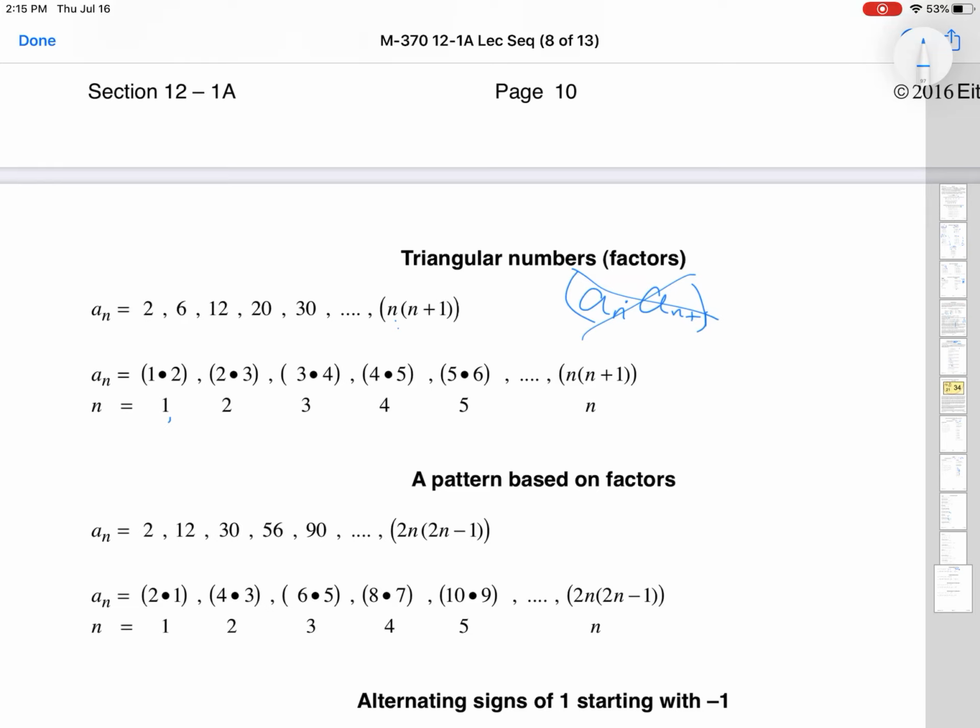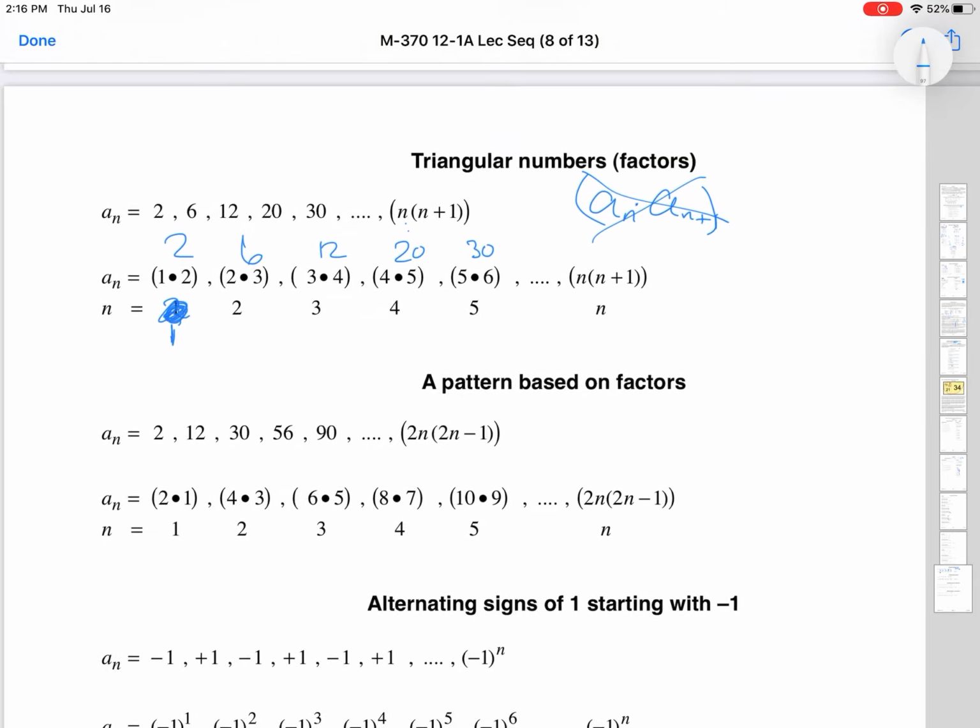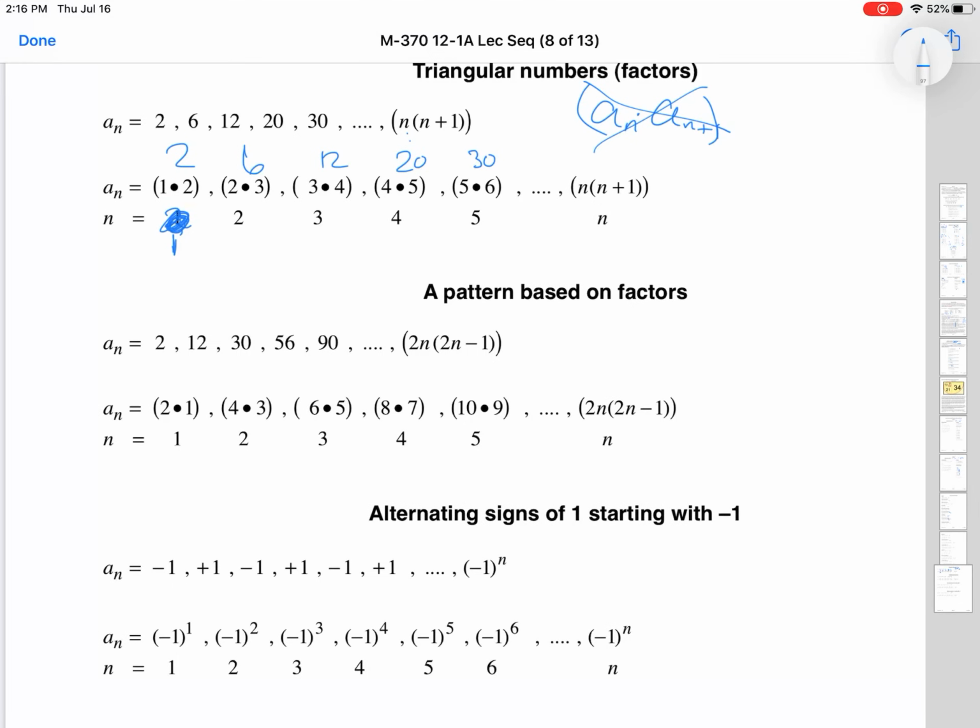So 1 times 2 is 2. Oh, apologize, I see what the n's are here at the bottom. So 1 times 2 is 2. 2 times 3 is 6. 3 times 4 is 12, right? 4 times 5 is 20. So this is the fifth term. So we're going to take the number 5 times the number 6, and that is going to be our answer up there.